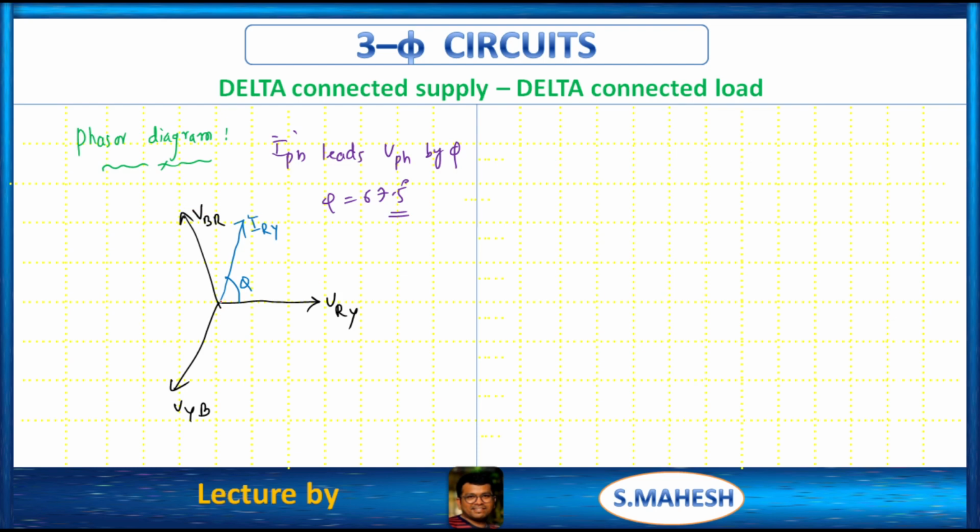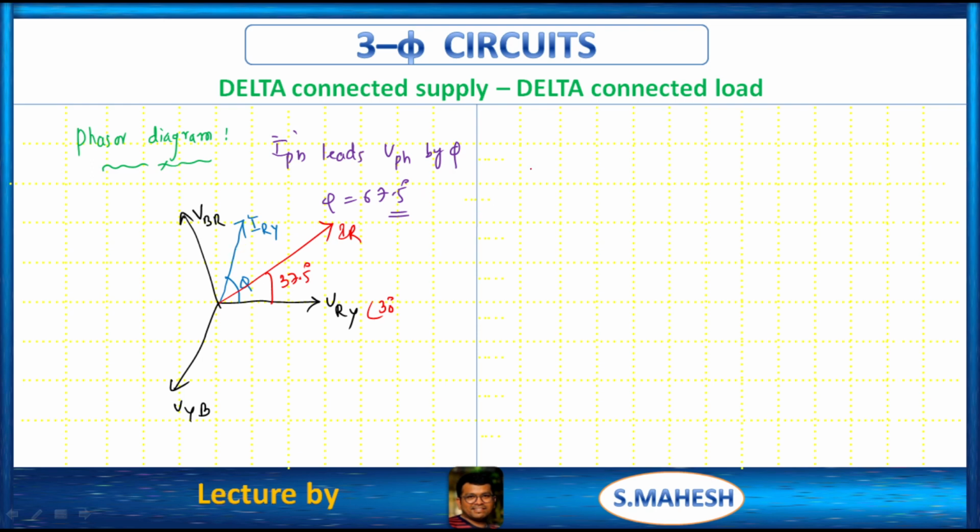So this is IR. This is 37.5 degrees. See, to get a clear analysis, this is at 30 degrees. So 37.5 plus 30 is 67.5. This is 97.5, right?